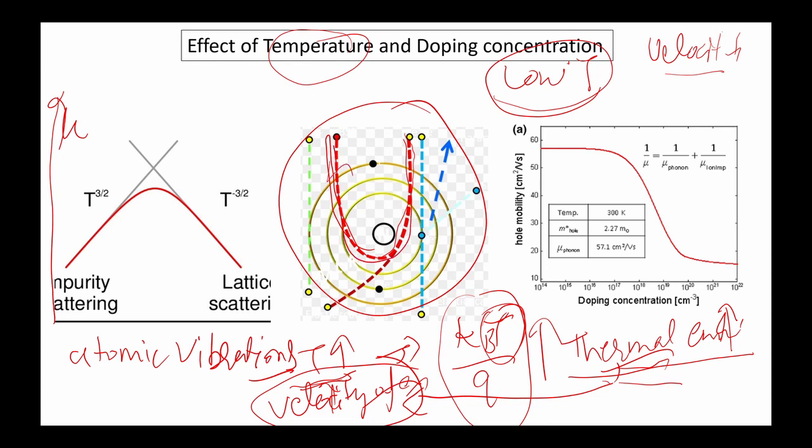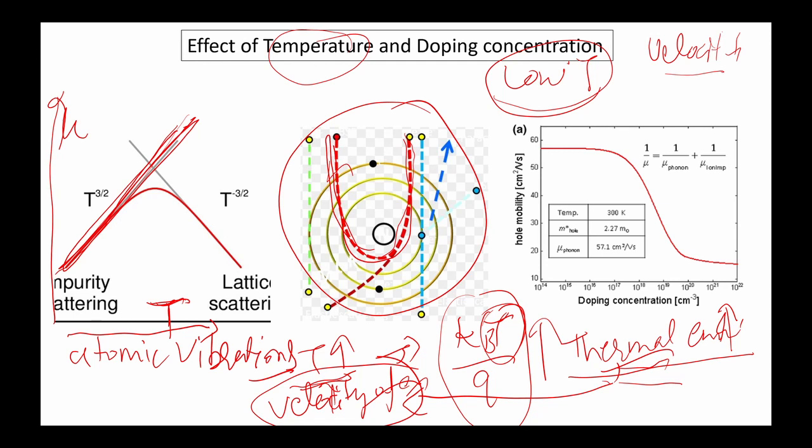In this figure, in this direction this is the temperature. You can see this graph, this behavior is because the impurity scattering increases at low temperature.